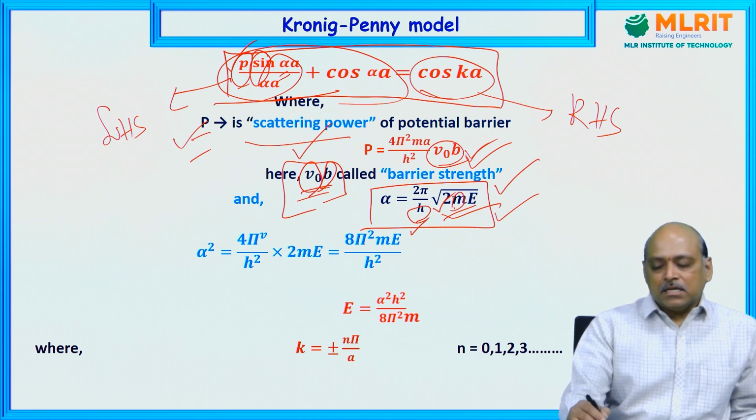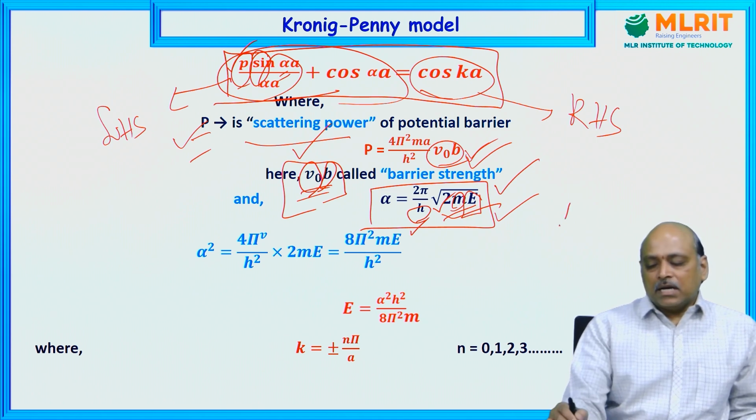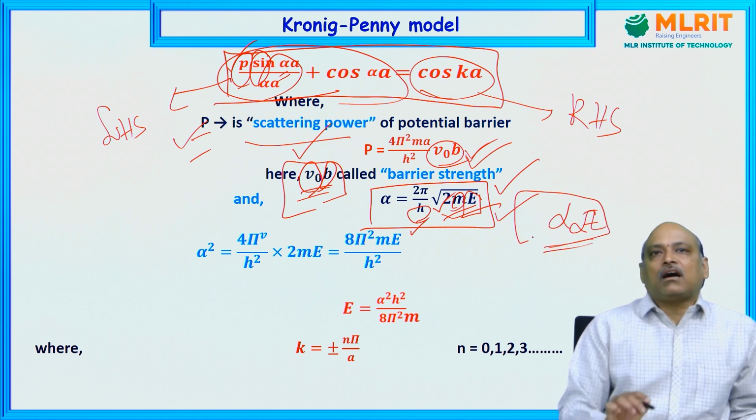And m is the mass of that electron, but E is the energy of that electron. So alpha is directly proportional to the square root of E, meaning there is some relation between alpha and E. So what is that relation?